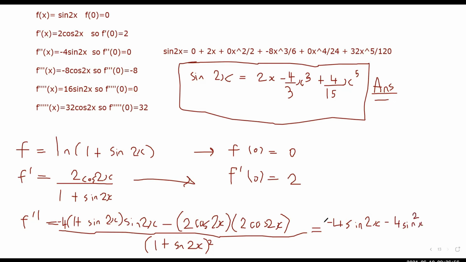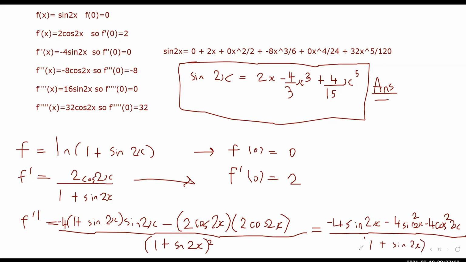And then 2 times 2 is 4, so it becomes minus 4 cos squared 2x, and that's being divided by 1 plus sine 2x all squared.